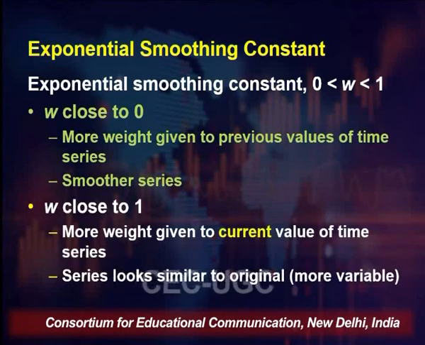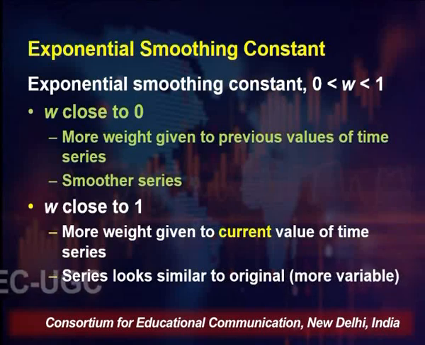Suppose W is close to 1, then more weight is given to the current value of the time series, and the series looks similar to the original, so it is more variable. So in case of a smoother series, your weight is close to 0, whereas when W is close to 1, more weight is given to the current value of time, whereas when W is close to 0, we give more weight to the previous values. So how do we calculate the exponentially smoothed series?